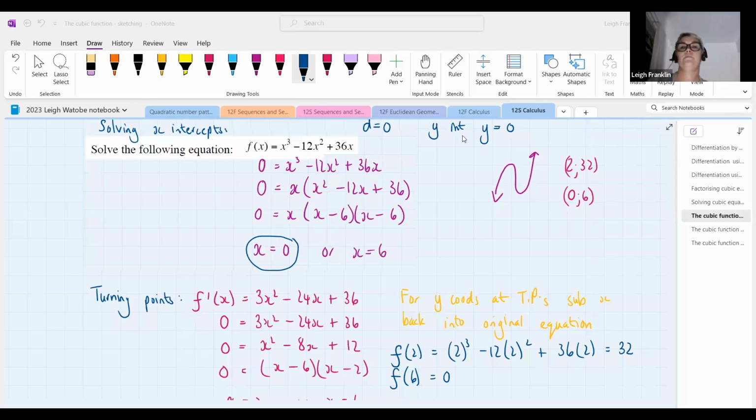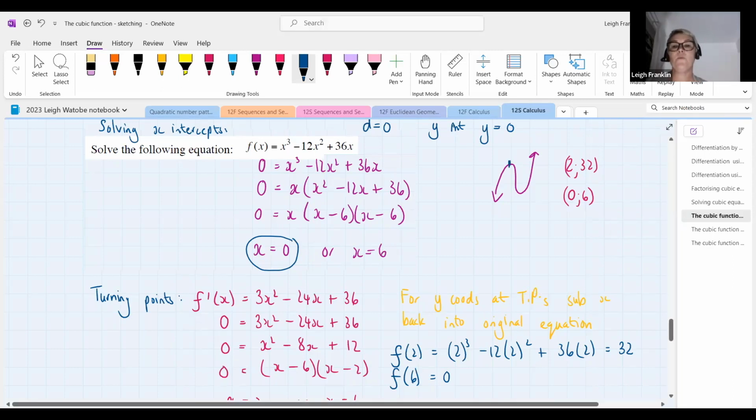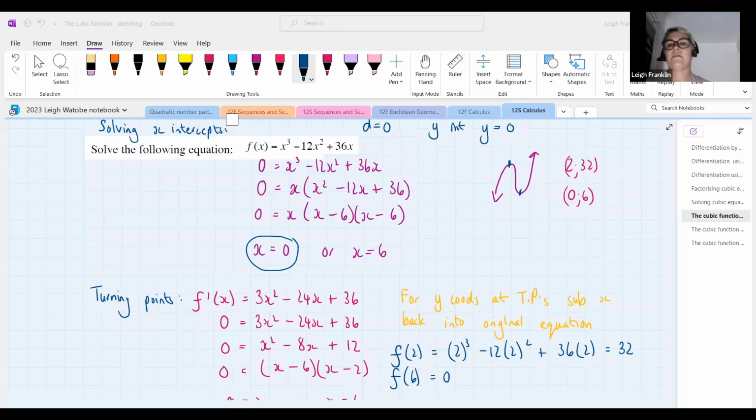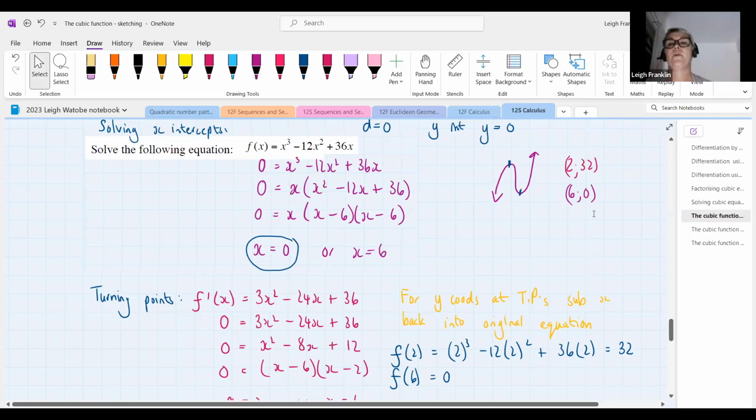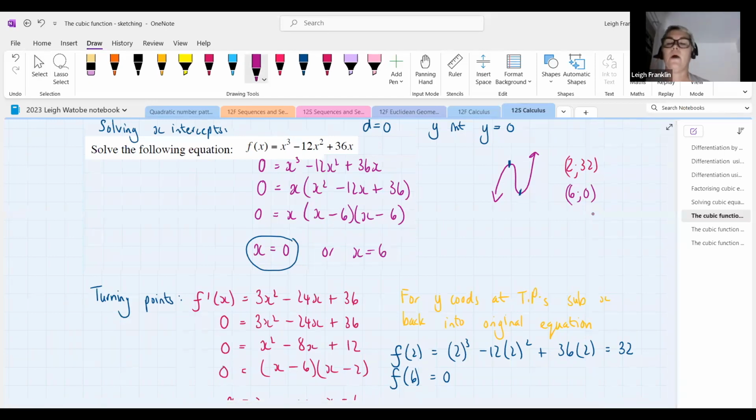Nope. This point over here has to have a smaller x than the one over there, doesn't it? Sorry, guys, it doesn't change anything. Yes, sorry, x is 6 and y is 0. That's right.